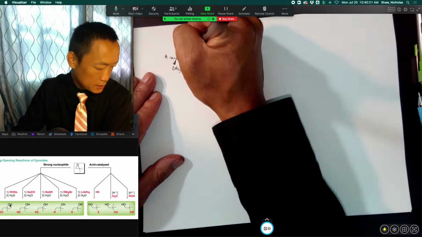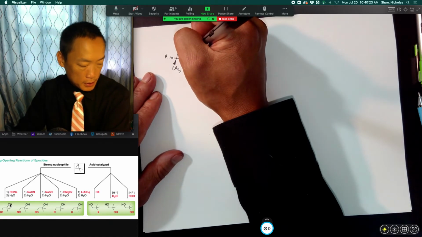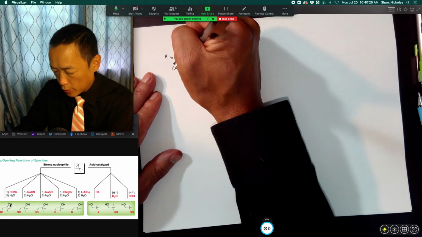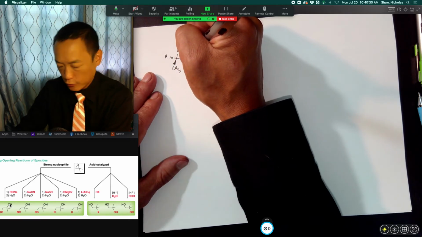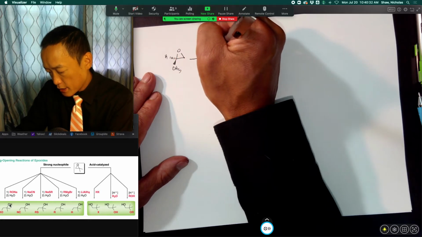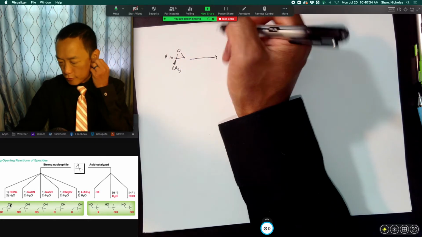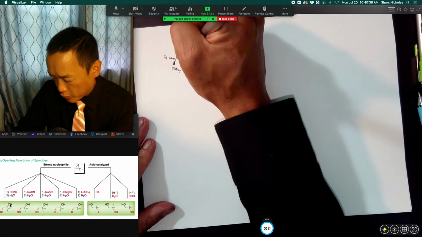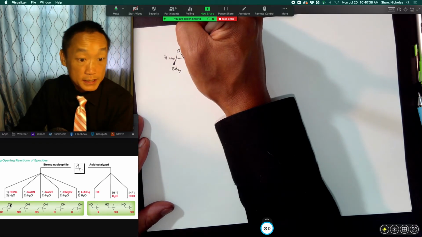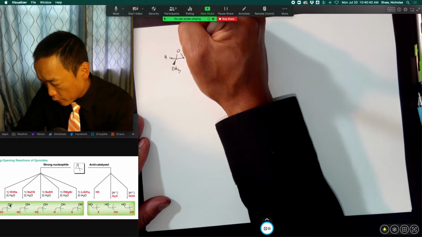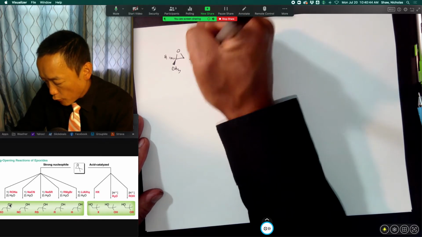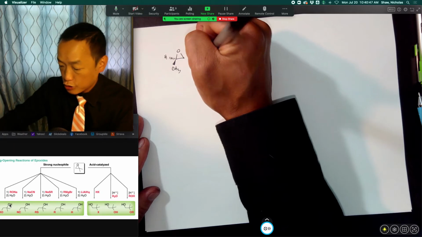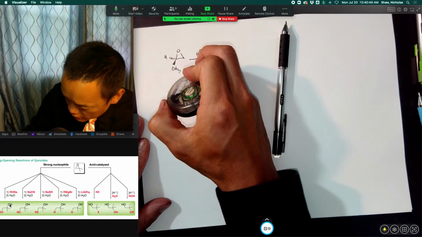And then in this example here, we will be adding our acidic species first, and then in the presence of a nucleophile. And so what I'm going to write for us here would be the example of what you would see as H plus over H2O, the way that your textbook writes it.